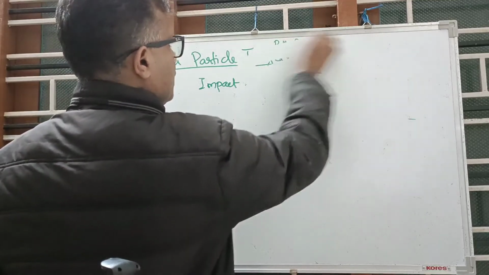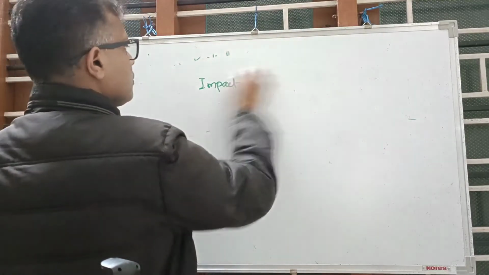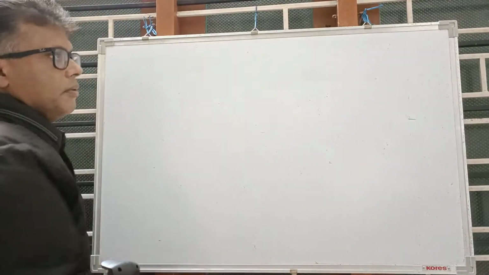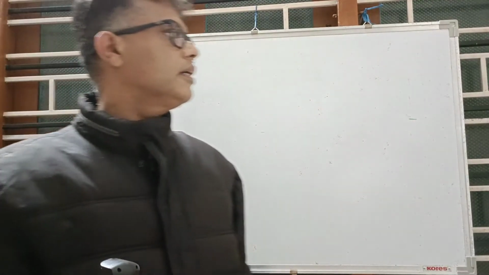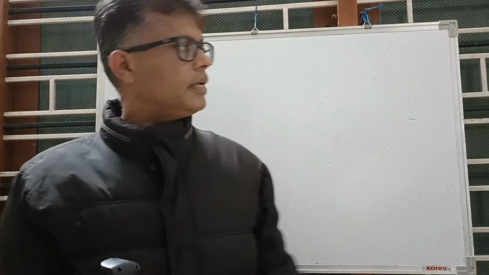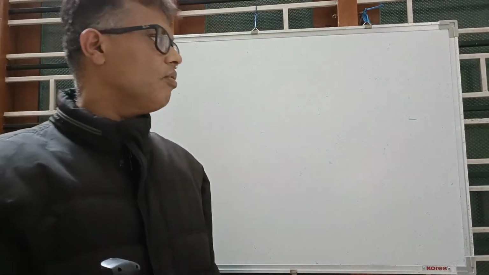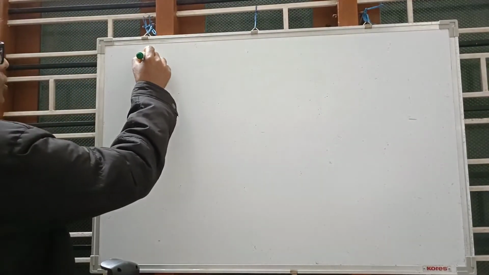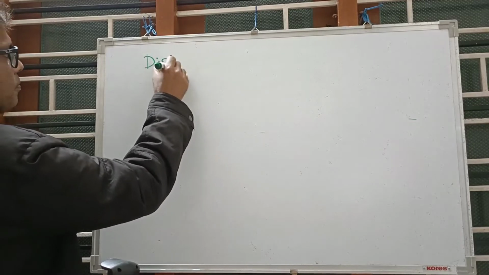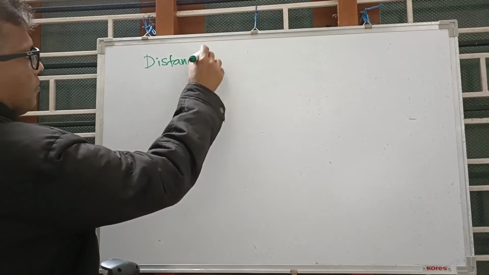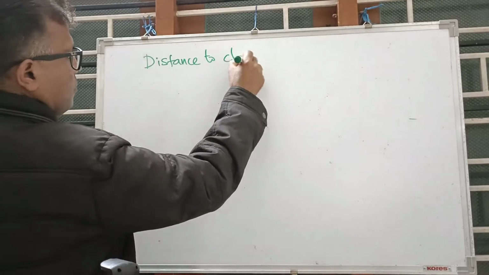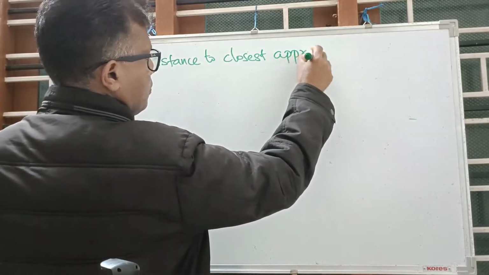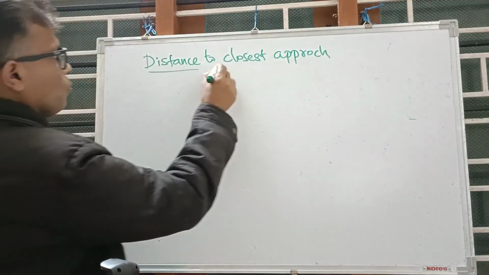Okay, let's go. Next will be the alpha particle trajectory model, which is already finished. Now we'll go for the distance of closest approach.